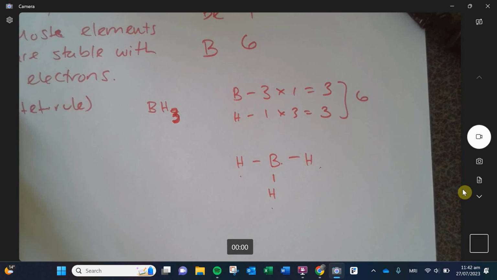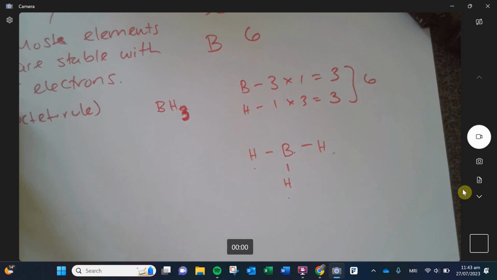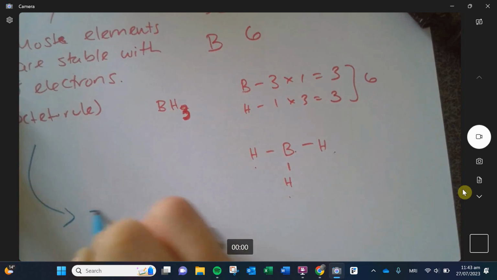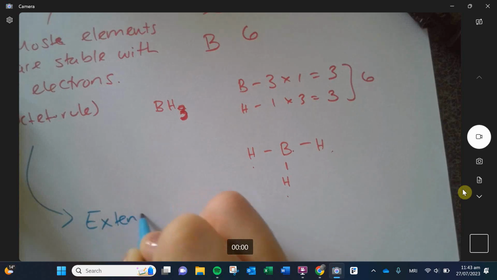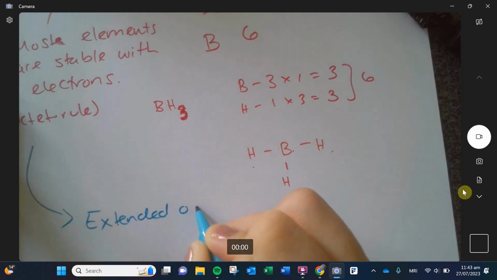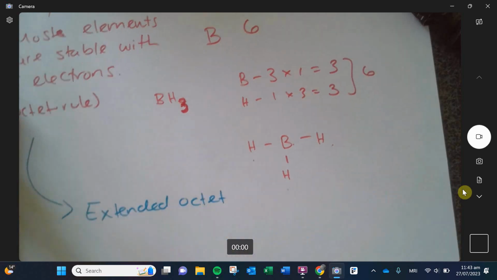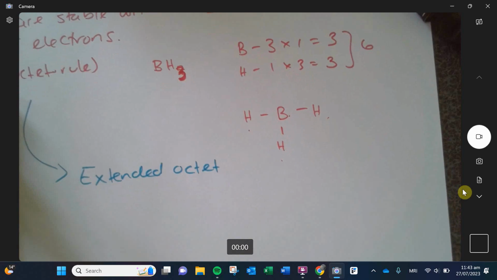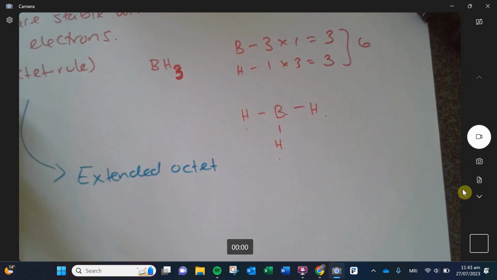Okay? Right. There is another exception to the rule, and this is new for year 13, and that is the extended octet. What this means is that these elements can have more than 8 electrons and be stable.